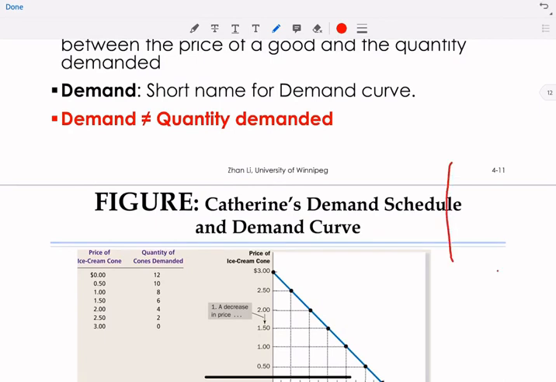So in today's lecture, let's continue to talk about demand. Basically, we have talked about individual demand. However, if you're thinking about a market, you have to talk about market demand, right?